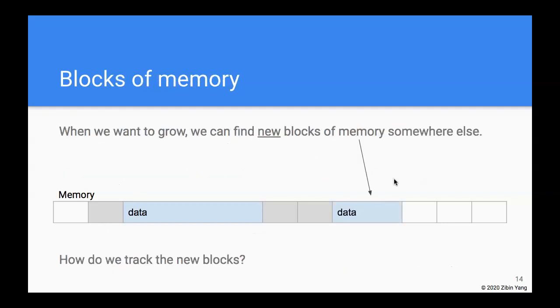So then what happens is we might find space in other parts of the memory, but it's not going to be at the same place as the original data. Now, then the question is, if we have these blocks for our data all over the place inside our memory, how do we keep track of where they are?